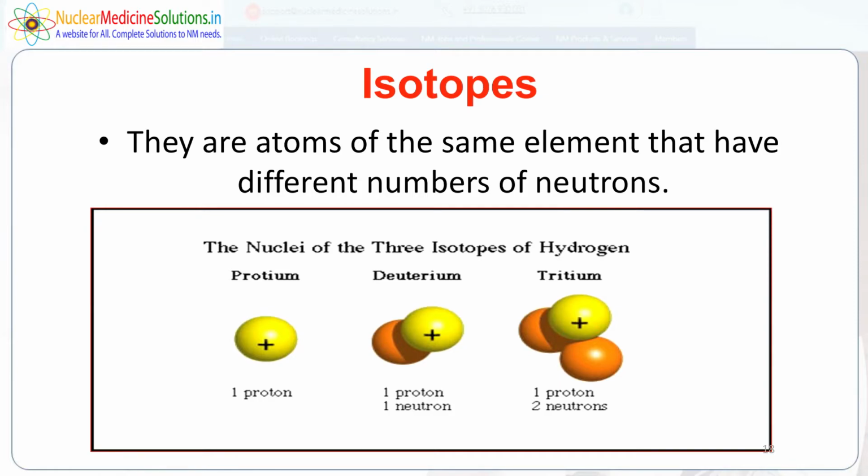Protium has one proton. In case of deuterium there is one proton and one neutron, and in tritium there is one proton and two neutrons. So there are three different isotopes of hydrogen. Protons are the same, but in neutrons there is a change.